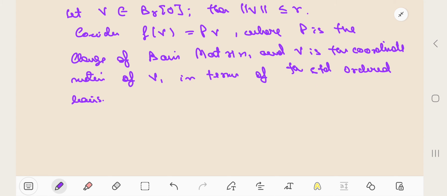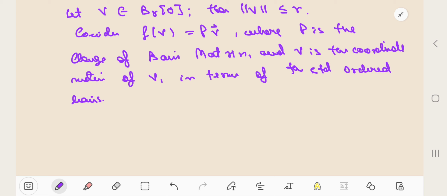Okay. Because see, we are sending each vector through this function f to its coordinate matrix, coordinate form, and the basis we have assumed is an arbitrary basis. We have not assumed that to be simply the standard ordered basis. If we had assumed the basis to be the standard ordered basis, then this P would just be the identity matrix. Since we are talking about an arbitrary basis, V here is just a vector considering the coordinates. These things we have discussed in the previous lecture, how a coordinate vector looks.